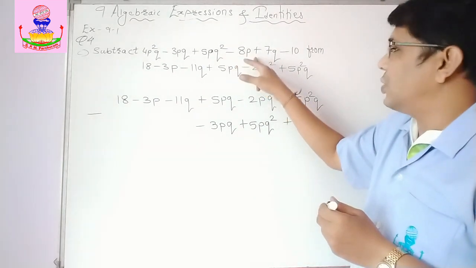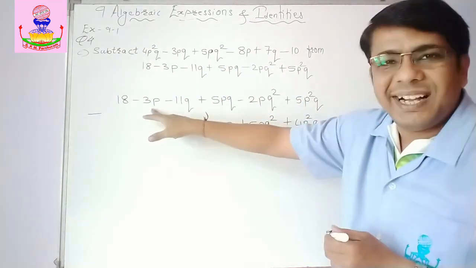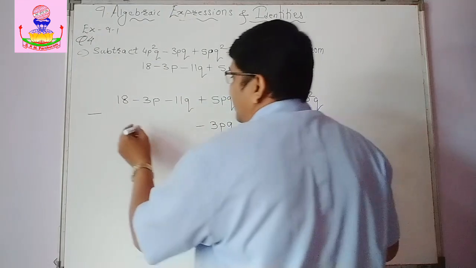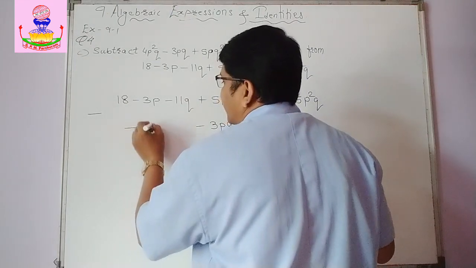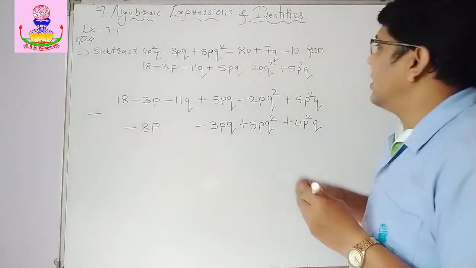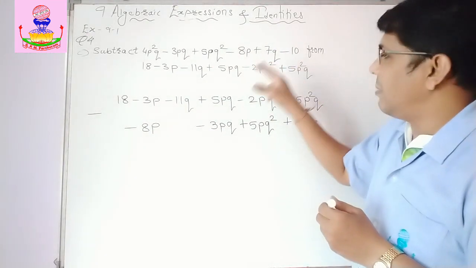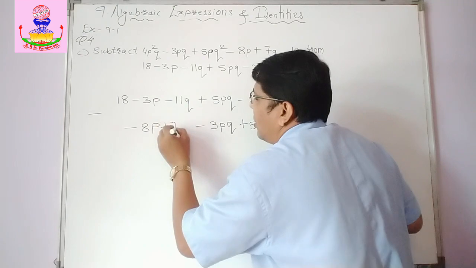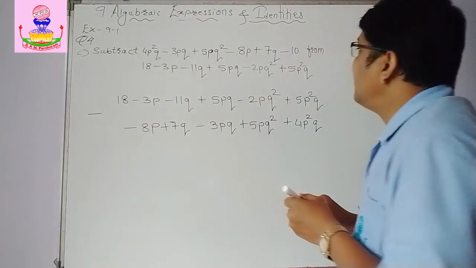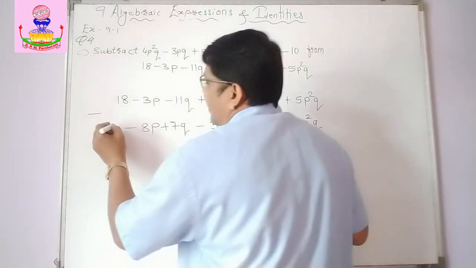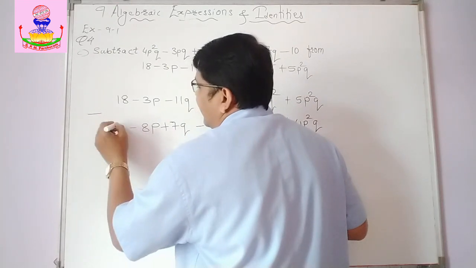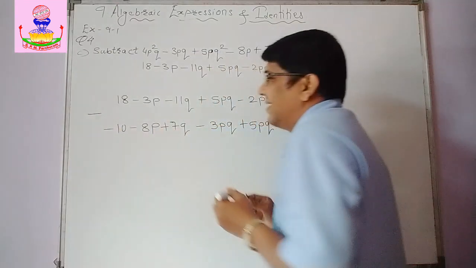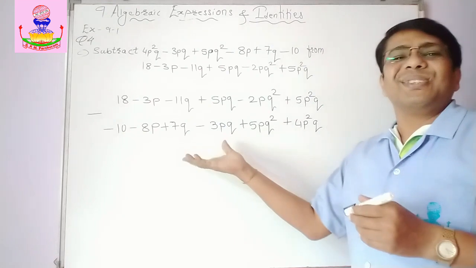Okay. Then minus 8p. Where is p? Here. So minus 8p along with the sign. Okay. Then plus 7q. Where is it? See here. So plus 7q along with its sign. And minus 10. So here it will come, minus 10. Okay. I hope you have understood.